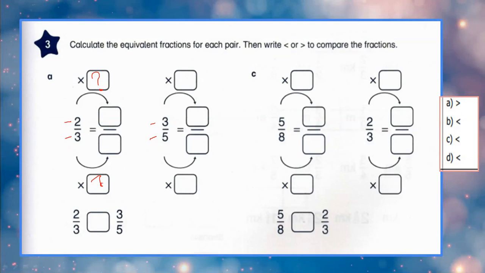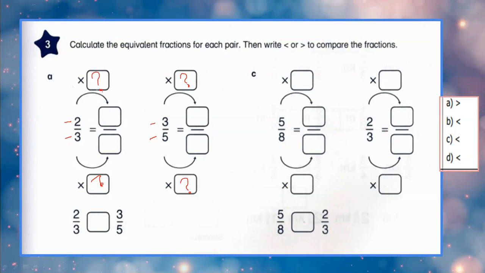How many blanks are given to you? But how smartly you fill them out matters. Step number 1: select a number that gives you the same denominator.